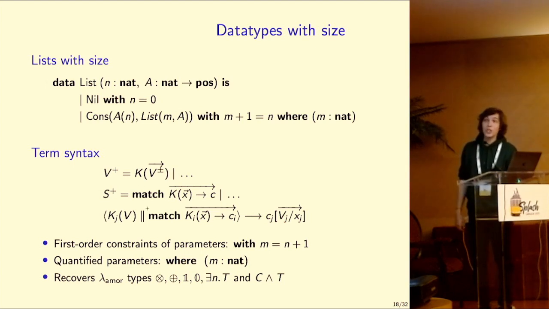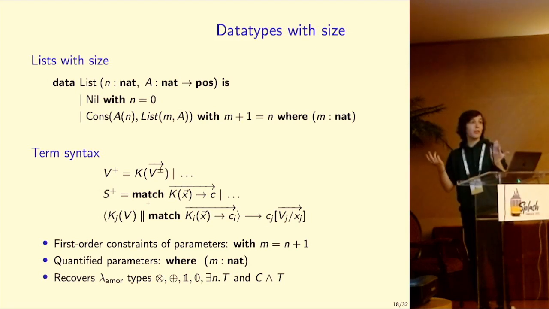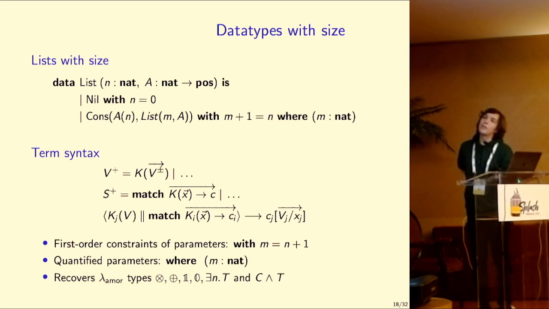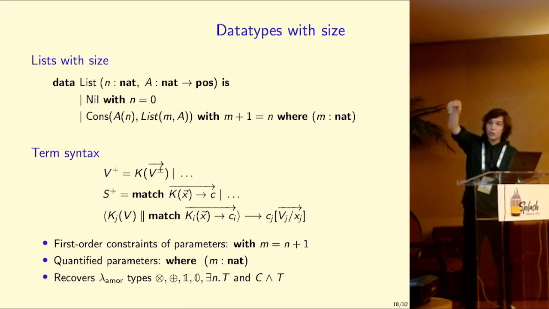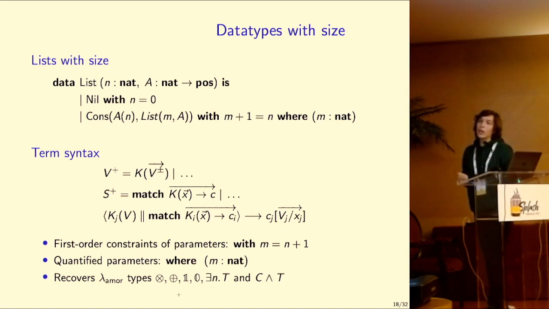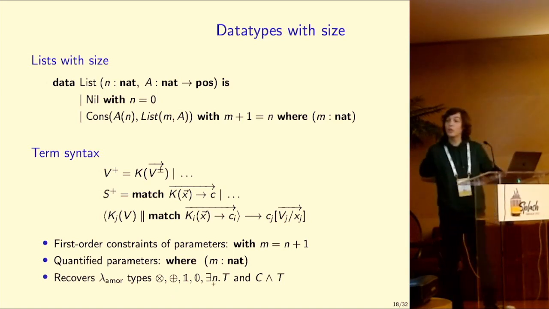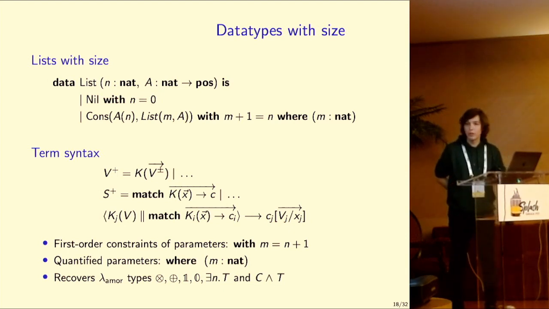We have pattern matching, which is classical pattern matching, but it will introduce universally quantified parameters on which the constraint is assumed to hold, and during reduction, whichever parameters were typed here are used to instantiate the universally quantified parameters there. And using those data type definitions, we can recover many types from lambda calculus, including linear data structures, existential quantification over parameters, and witnessing some constraints.